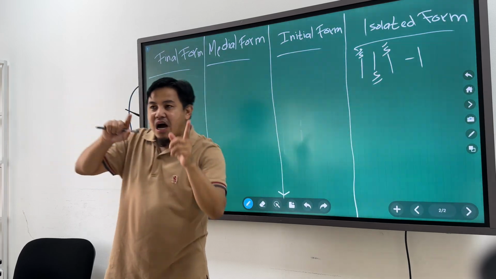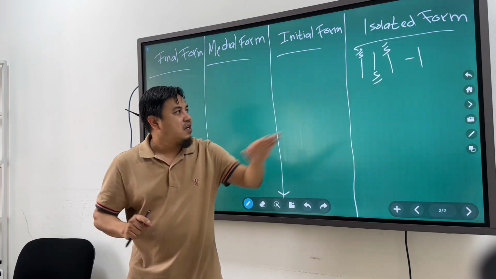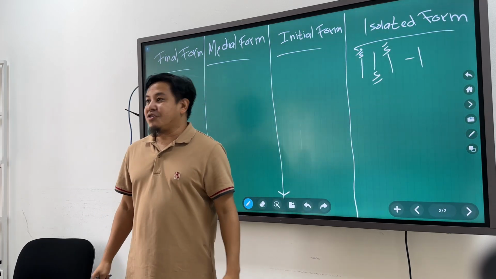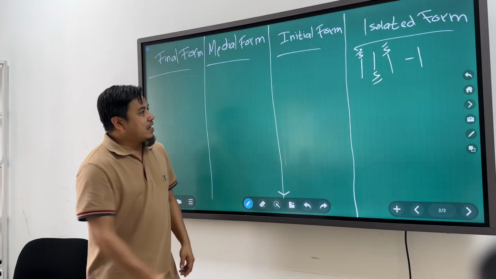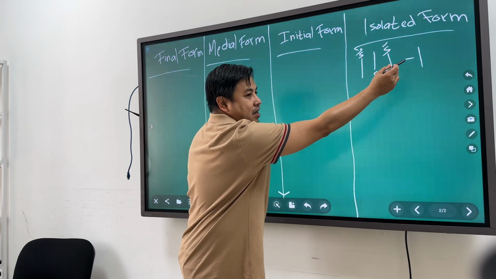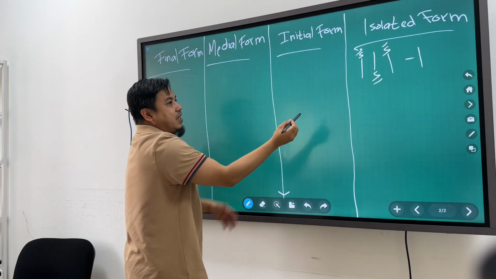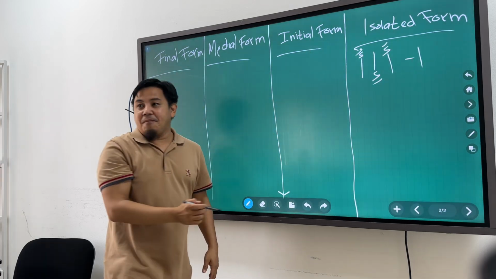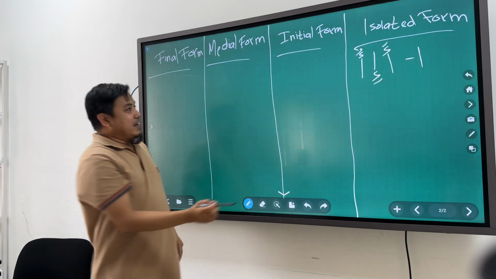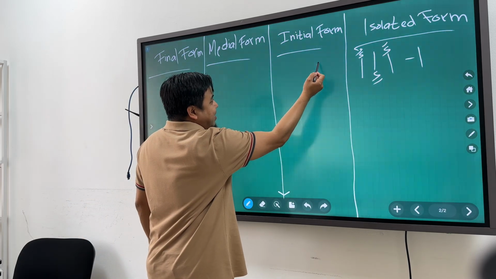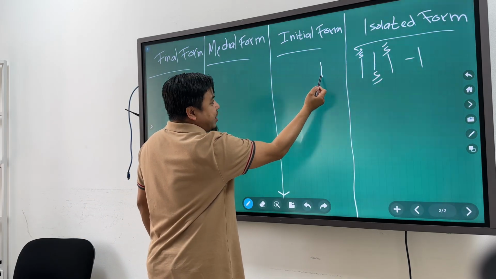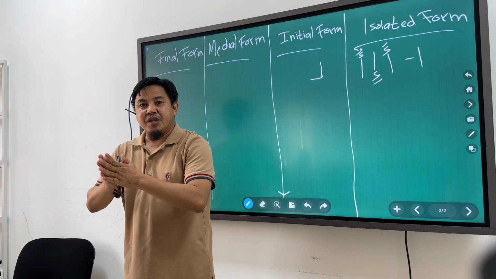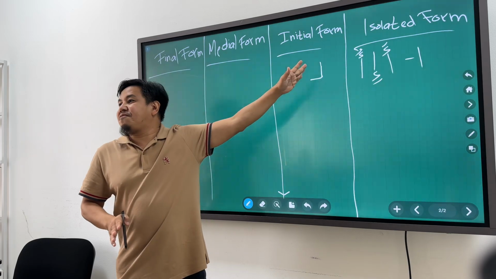Question: how do we connect Alif to the other letters? Now, this Alif letter, if you connect it to make it an initial form, that means you need any letter to make the initial form and connect here, right? But in the case of Alif, there is no initial form.